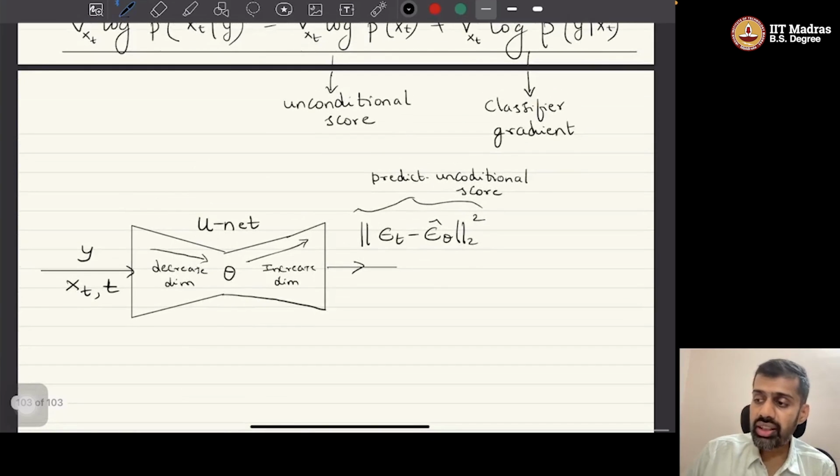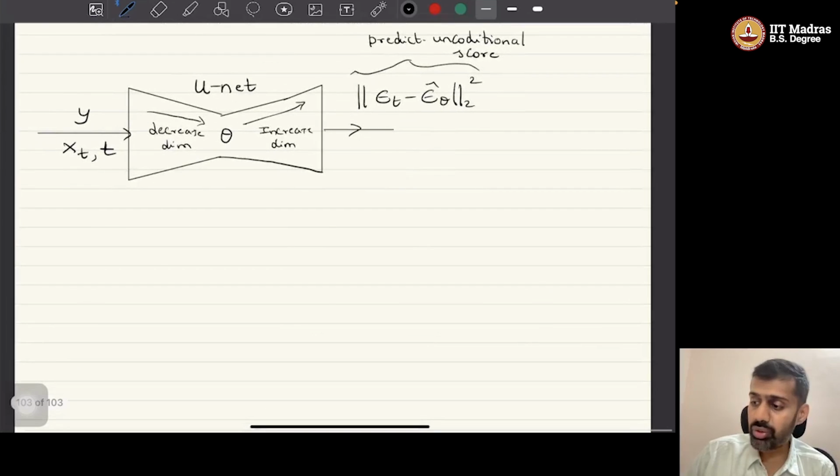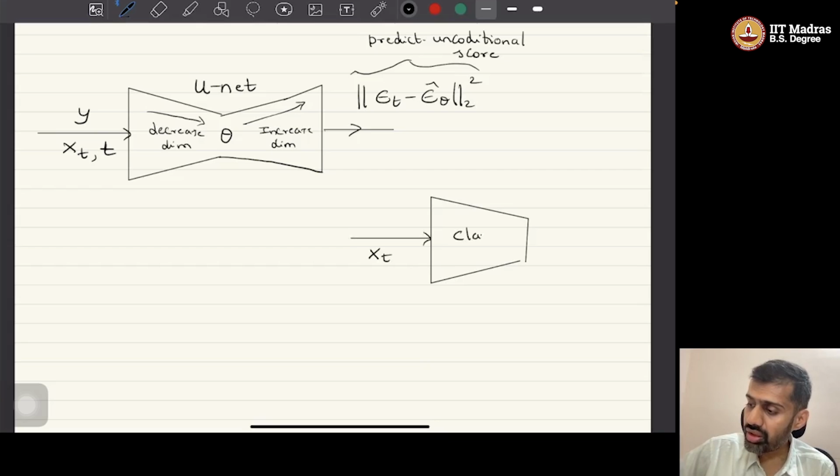What about the second term that we have? For that, what is to be done is you train a classifier separately. So this classifier, what does it do? It takes xt as an input, and predicts p of y given xt.